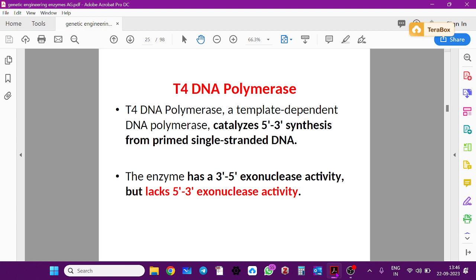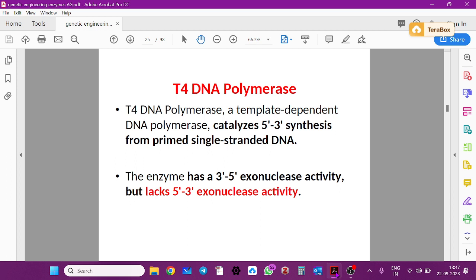This has 3 prime to 5 prime exonuclease activity, but it does not have 5 prime to 3 prime exonuclease activity. You don't need this 5 prime to 3 prime nuclease activity, or single-stranded is more dangerous. Not so good. It's like Klenow fragment.